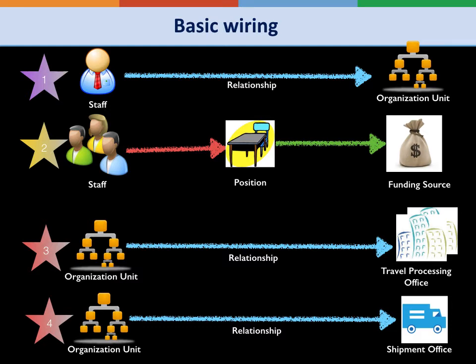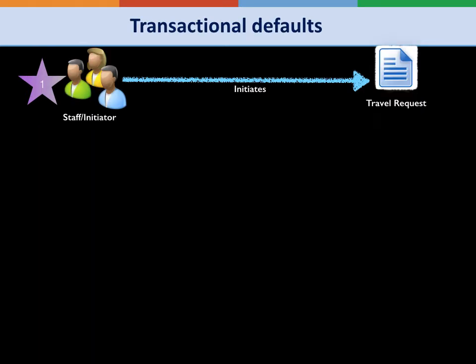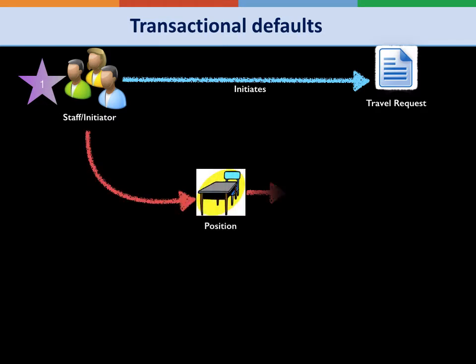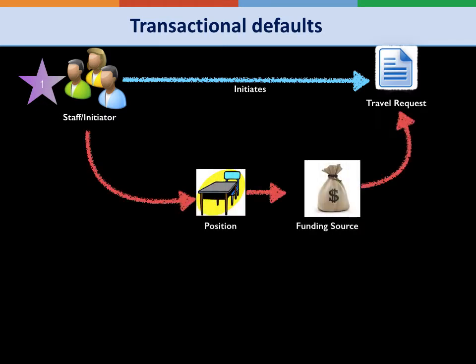Next thing is, we need to understand the transactional default. A staff member, or a travel administrator creating a travel request on behalf of the staff member, creates the trip request. The travel request has two basic defaults. First default is the cost center or the cost object. It is defaulted from the position funding source of the staff member or the traveler.